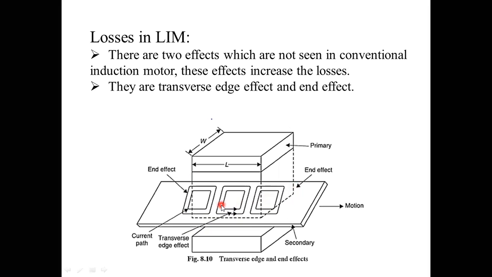This current also increases the losses. This is the end structure of the primary we consider, and this is the end. So with respect to these two end effects, we are not getting any thrust. This effect is called end effect.